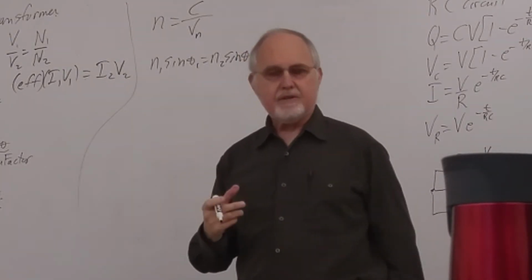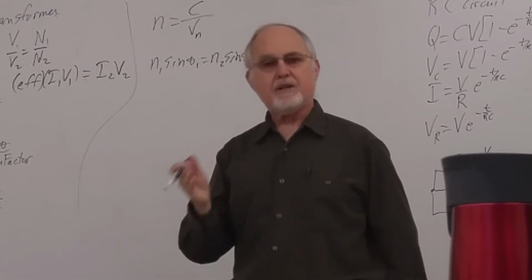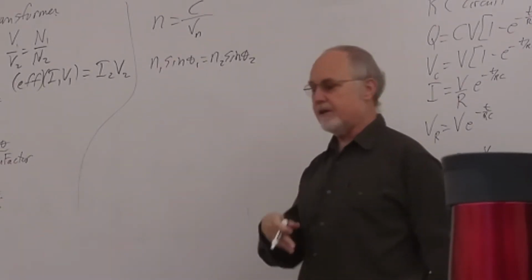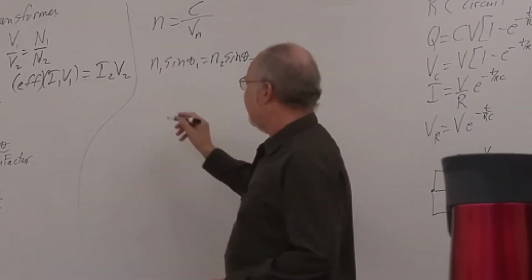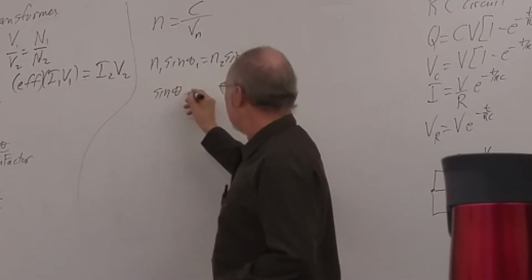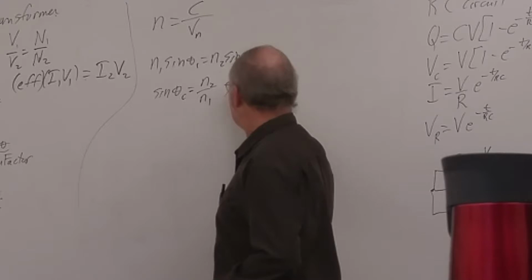The thetas, remember, are always measured to the normal to the surface, not to the surface itself, but to the normal, perpendicular to the surface. For total internal reflection, the sine of the critical angle is N2 over N1, where N2 must be less than N1.